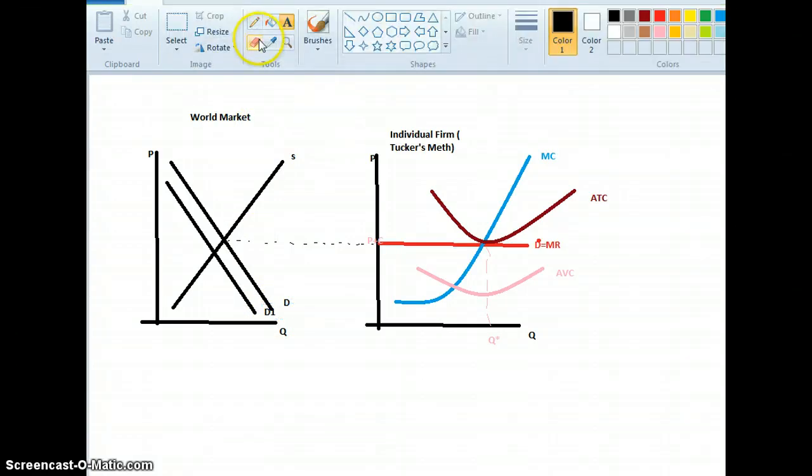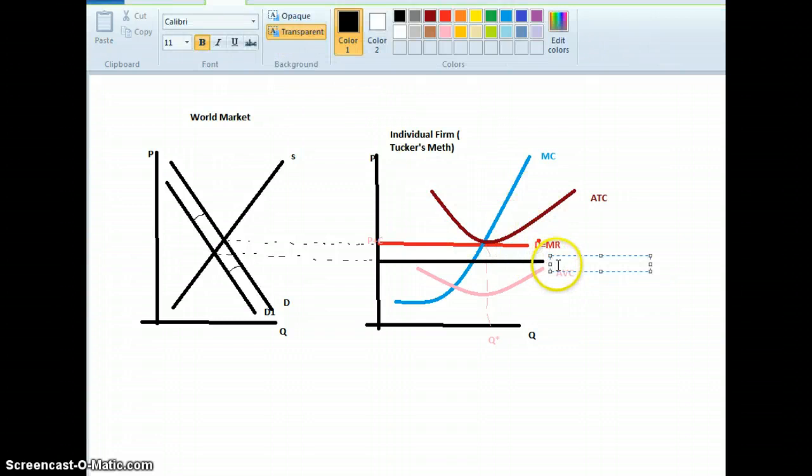As you can see here now, the demand has shifted downwards from there to there, which would now leave a new demand in the individual firm market. This will be labeled D1 equals MR1.